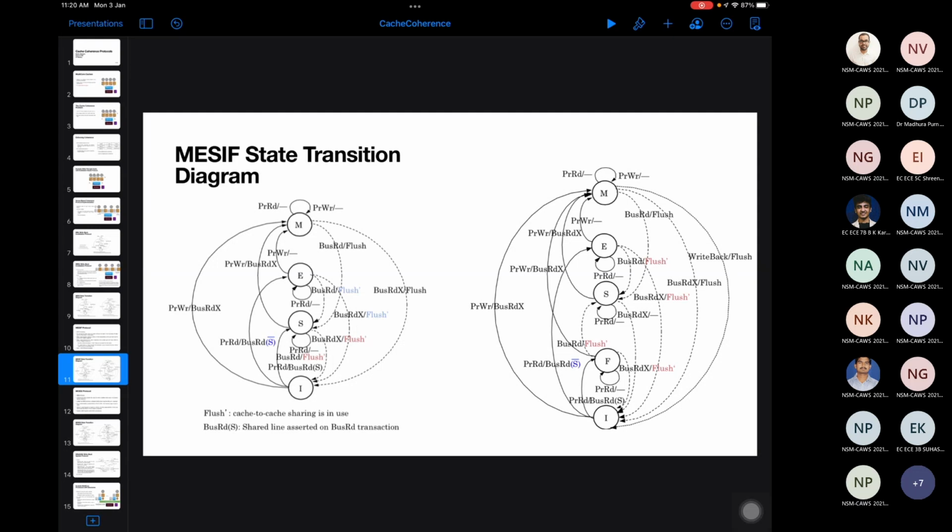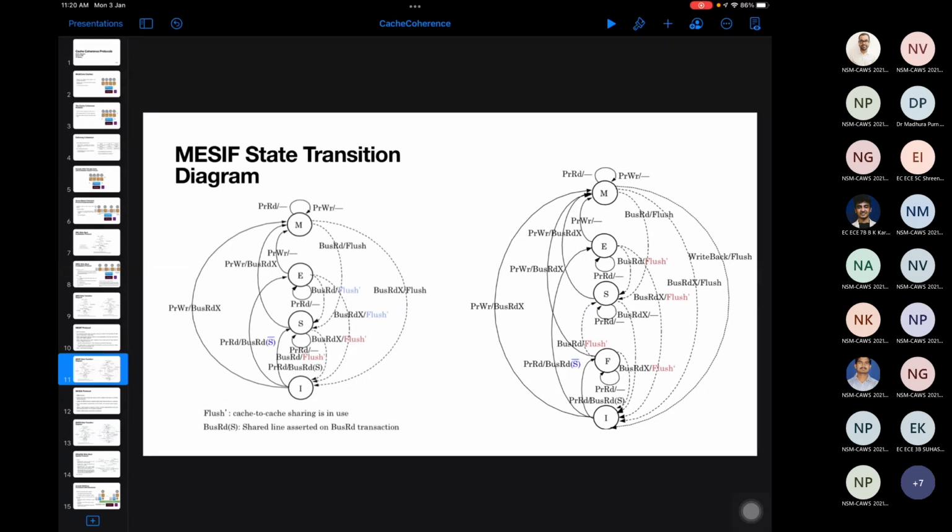Initially, in MESI, we go I2S if the shared line is asserted, or I2E if the shared line is not asserted. Whereas in the case of MESIF, we first go to I2F, rather than going to S. And of course, if none of the other cores have the data, then we go from I2E.